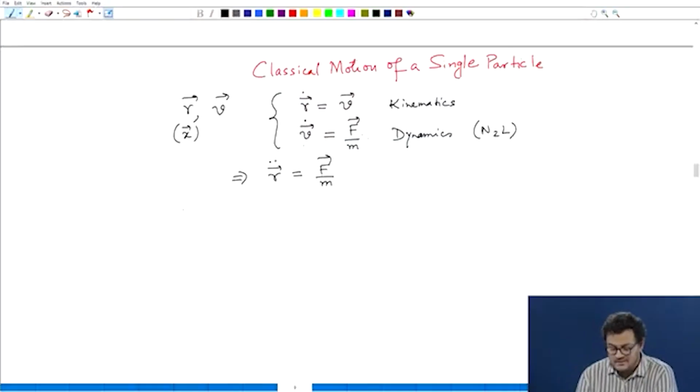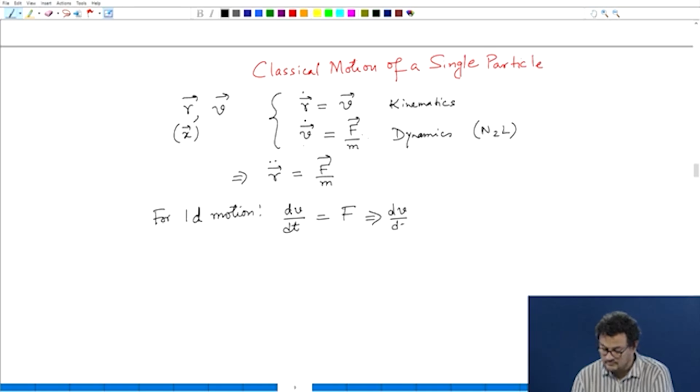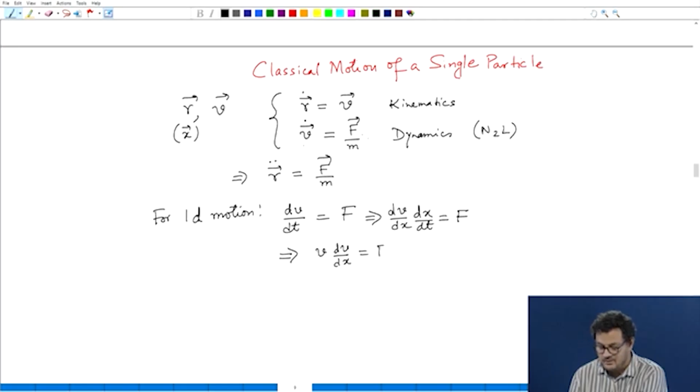So, then we started doing some simple interesting calculations for one dimensional motion, and we said for one dimensional motion Newton's law is nothing but dv/dt is equal to f, and this dv/dt for one dimensional motion we can write as dv/dx dx/dt, because only one space coordinate is there, and then you can write simply this is nothing but v dv/dx, because dx/dt is v, is equal to f.